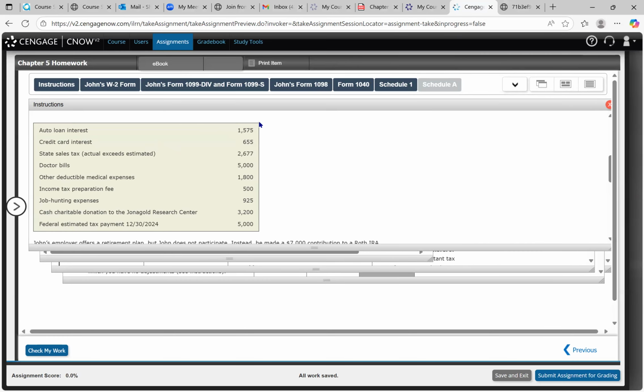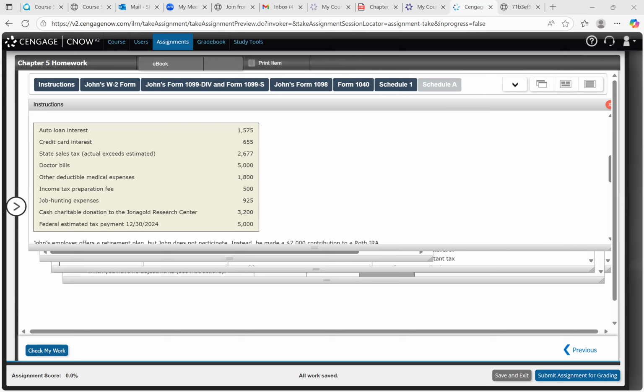Okay, as we go back to the instructions, I wanted to say loan interest, unless he's a sole proprietor and he takes some automobile expenses, that wouldn't be a write-off. Credit card interest isn't a write-off. And then cash contributions here, you see he shows he's paid in $3,200 to the Jonagold Research Center. So we have that listed here in the itemized deductions.